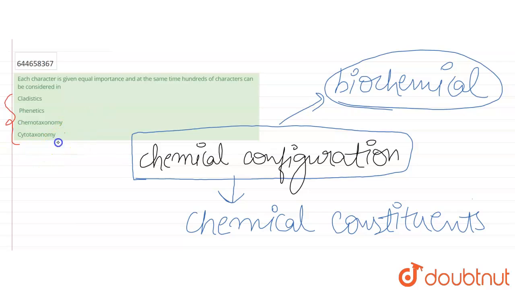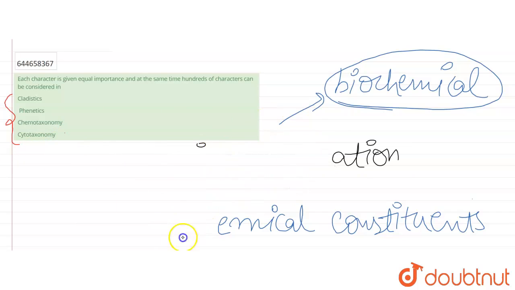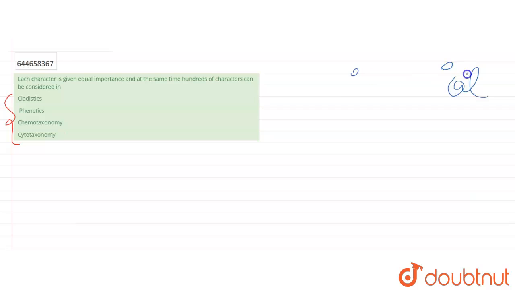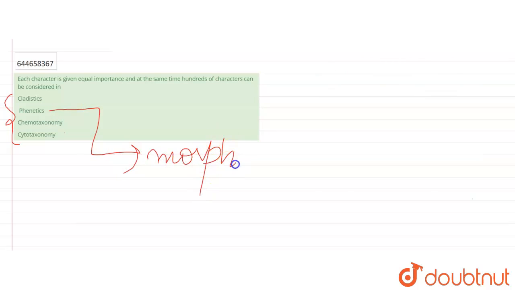So let us jump on to option B, which is phonetics. Now phonetics is just about the different morphological characters, and that too the characters which are easily observable.